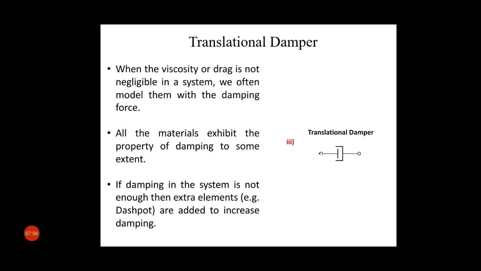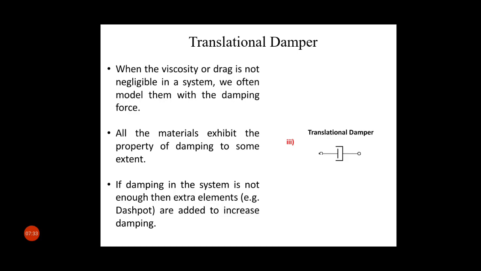Now coming to third element. Third element is translational damper. When the viscosity or drag is not negligible in a system, we often model them with the damping force. All the materials exhibit the property of damping to some extent.